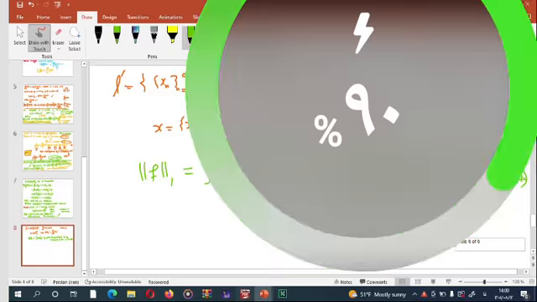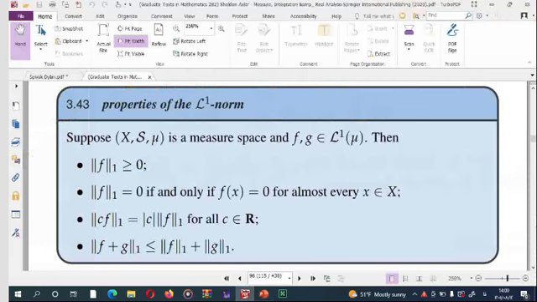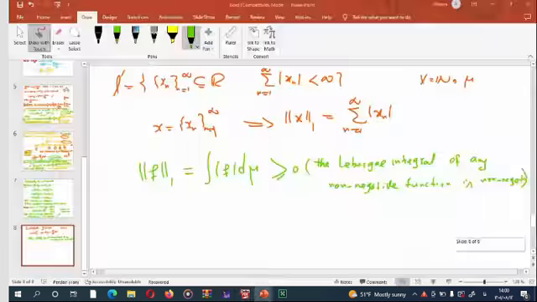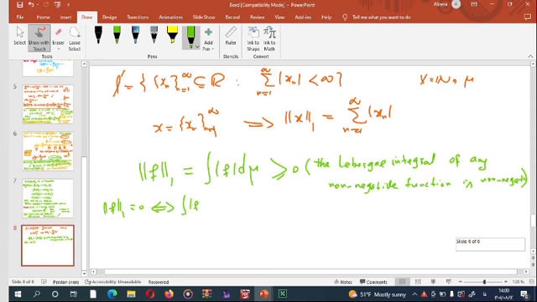And the norm 1 of f equals 0 if and only if f equals 0 almost everywhere. We see this again because this equals 0, equals this integral equals 0, okay? And this holds if and only if this function equals 0 almost everywhere.